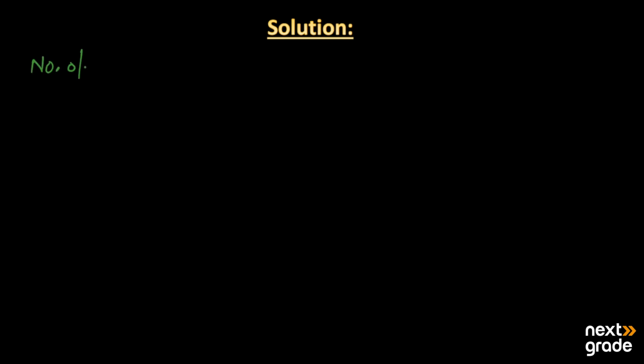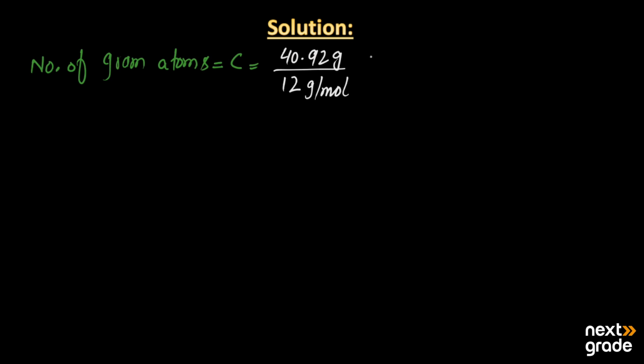Number of gram atoms of carbon is equal to its percentage composition, which is 40.92 grams, divided by its mass number, that is 12 gram per mole. So we gain its total number of gram atoms as 3.41 gram atoms.